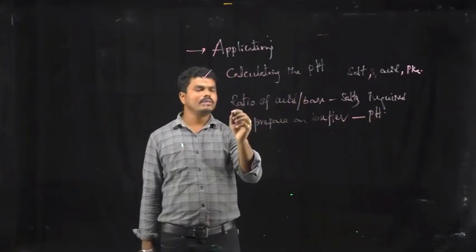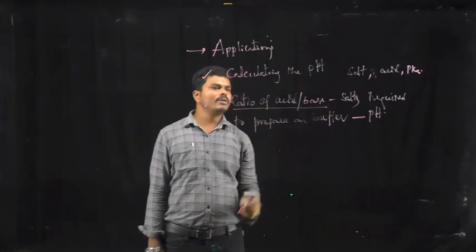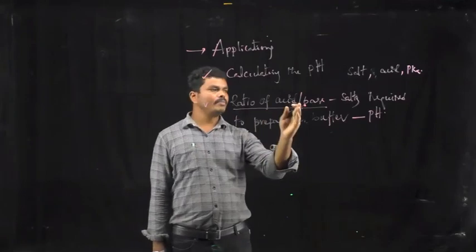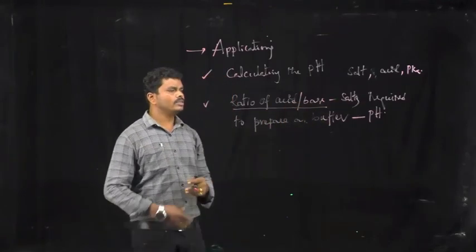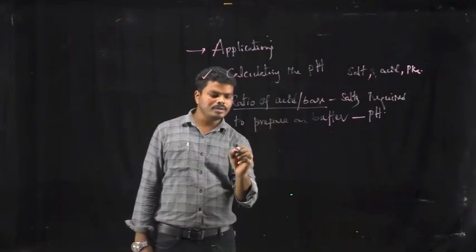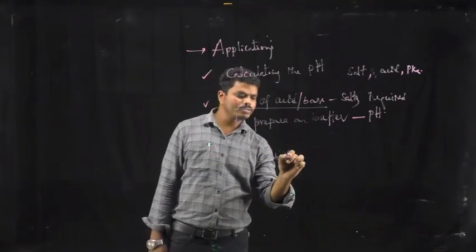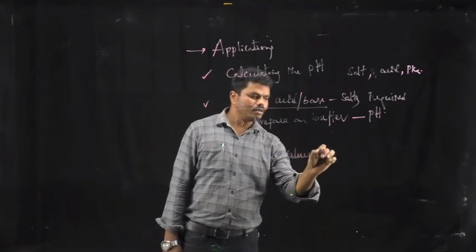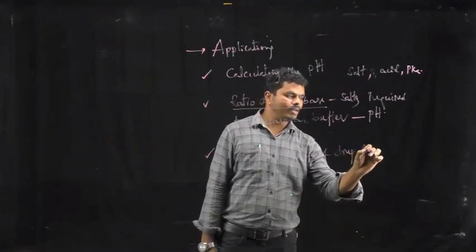So that means these equations are very much useful to determine the ratio of acid or base and salts required to prepare a buffer with a specific pH, and they help in calculating the pKa or pKb values of drugs from their pH values.